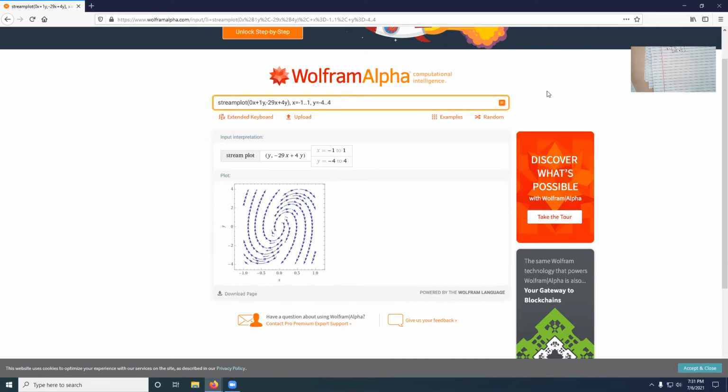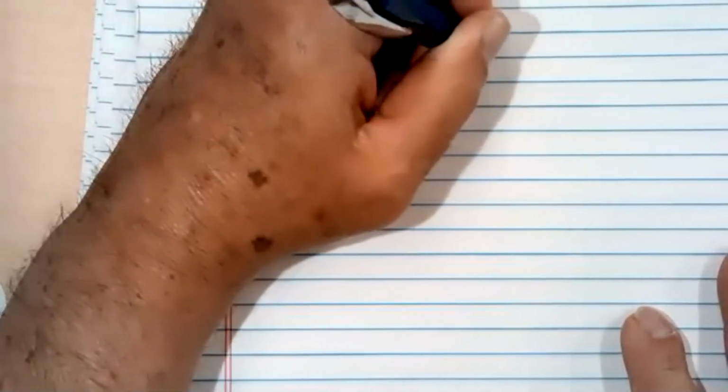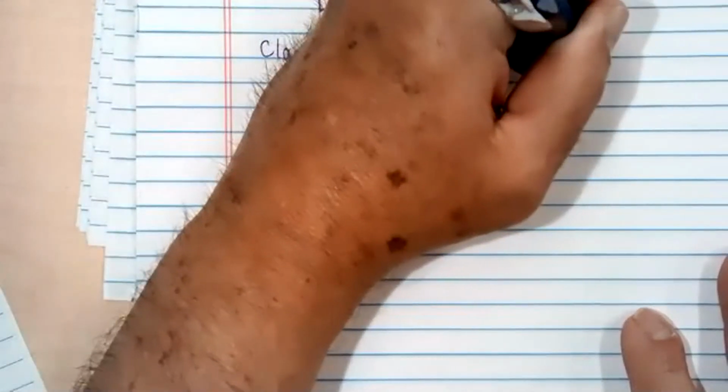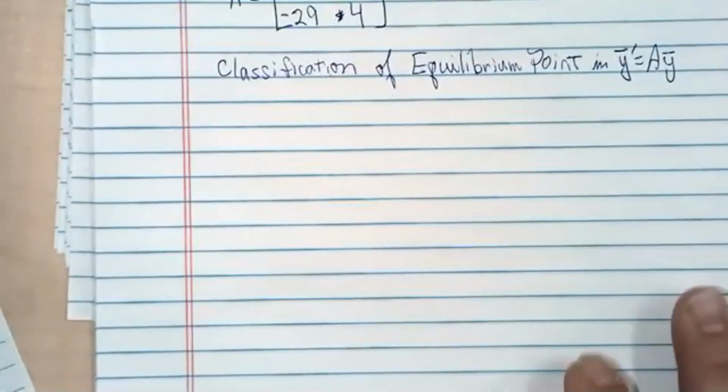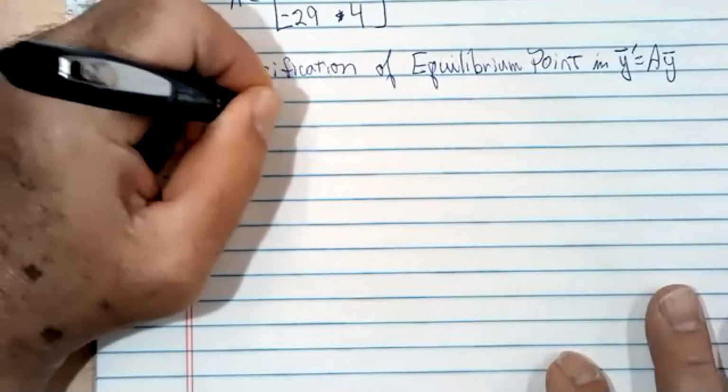You can make a chart for classifying the equilibrium point, and it just goes by the eigenvalues.